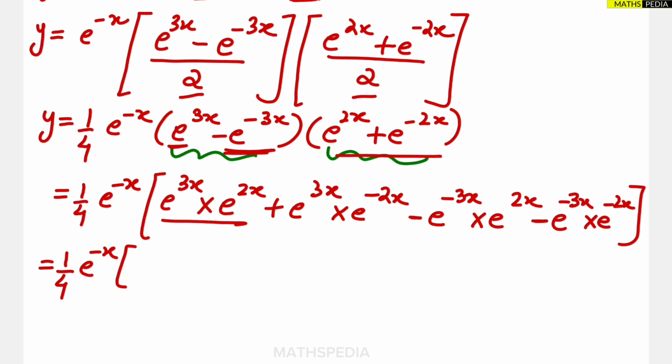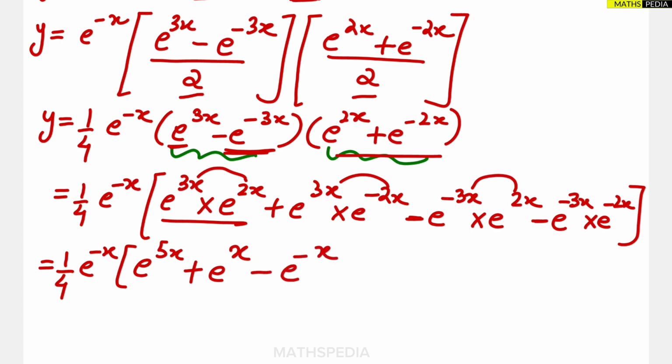Now in these multiplications, add the powers. 3x plus 2x is 5x, plus e power 3x minus 2x is x. Minus sign is there, be careful with that. This one, minus 3x plus 2x is minus x, so minus e power minus x. Again minus e power minus 5x. Done.